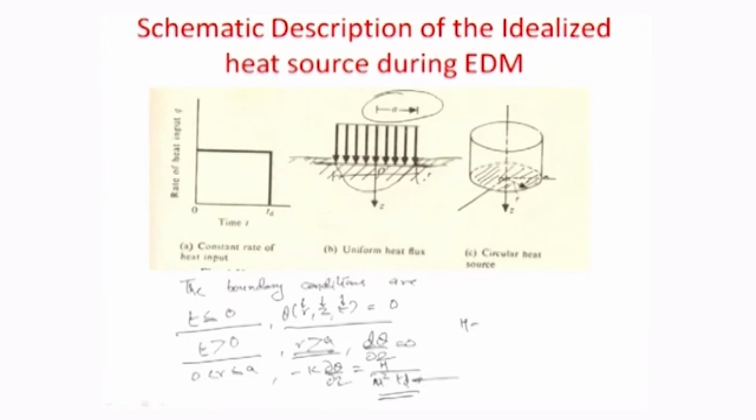We already have assumed H to be the amount of heat input in calories. So, with these three boundary conditions, we limit ourselves to a very simplified solution of the equation which has been given in the earlier step, where the space-time relationship of temperature in the melting zone has been correlated.